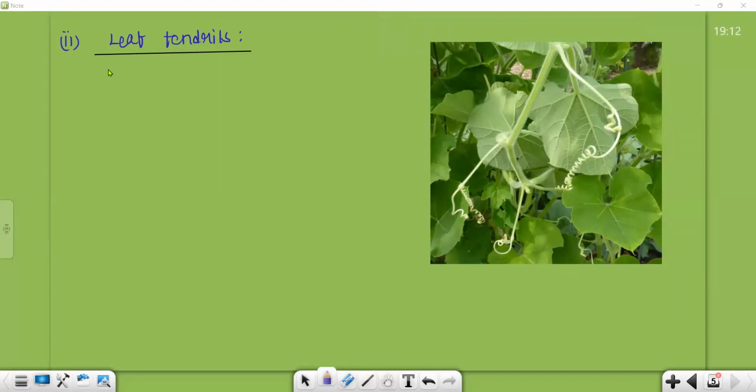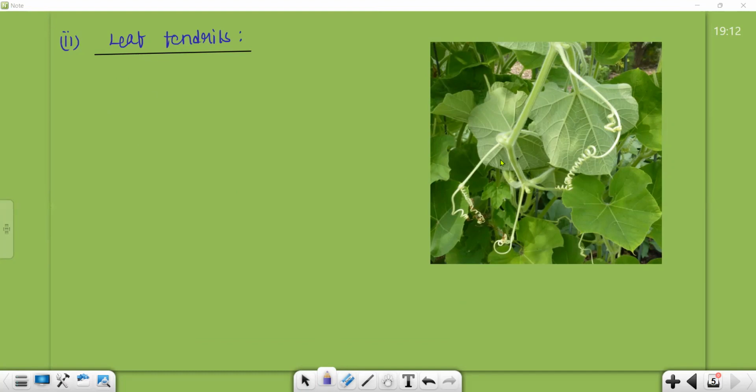So write down about tendrils. In weak plants where stems are slender, thin, coiled, you can find tendrils. What's the main use of tendrils, students? To help in climbing.